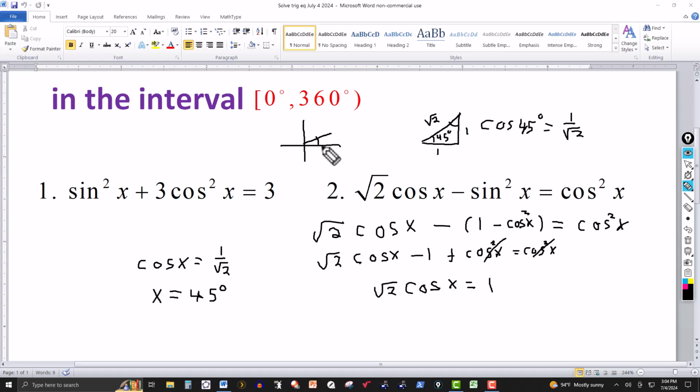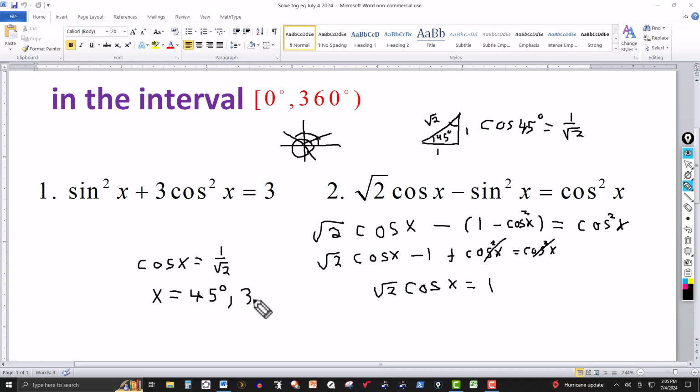In the first quadrant, all the trig functions have a positive value, as long as the terminal side lies in that first quadrant. Now, I can put the reference angle over here in quadrant 2, then this angle would be 135, and that would have a cosine of negative 1 over the square root of 2. Or I could put the reference angle over here in quadrant 4, and then look at this angle. This angle here would be 45 degrees, so that this angle in the fourth quadrant is 315 degrees.